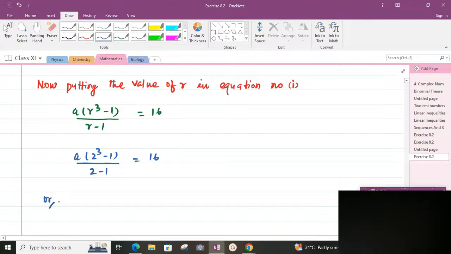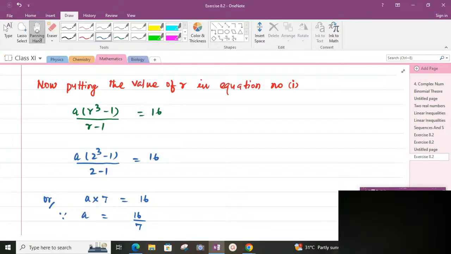Our next step here will be A into 2 to the power 3 equal to 8 minus 1 equal to 7, and 2 minus 1 equal to 1, so here will be 16. Therefore A equal to 16 by 7. Hope that there is no problem. This is the first term.